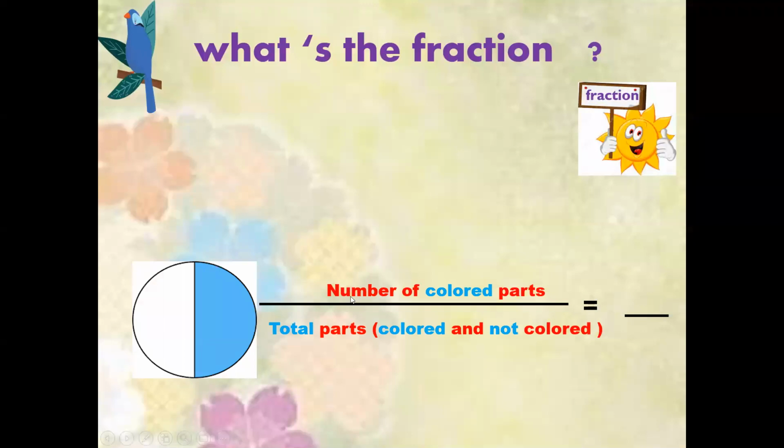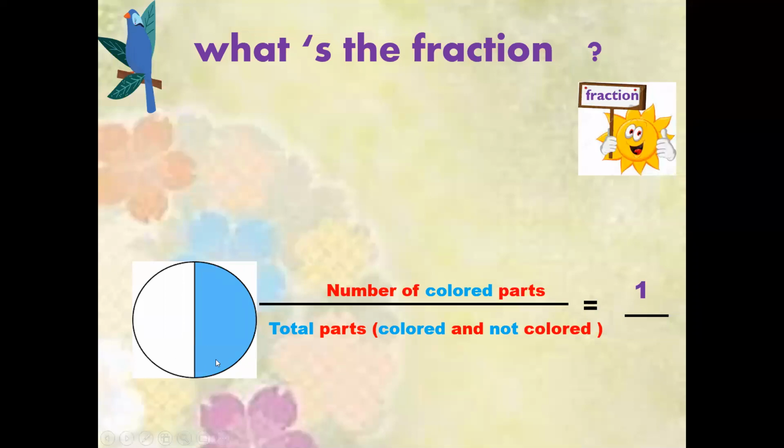In the upper, we will write the number of colored parts, and dash, and down we will write total parts, colored and not colored.